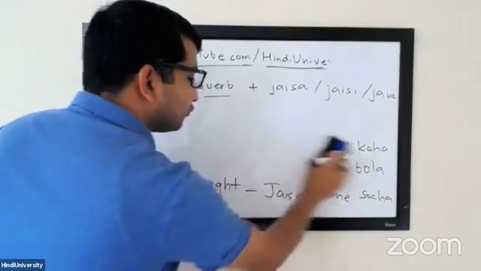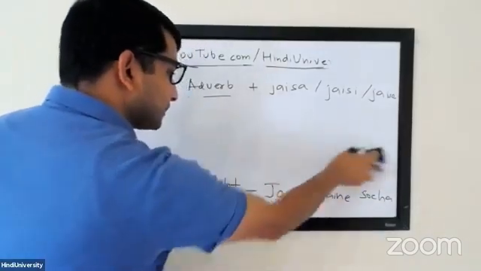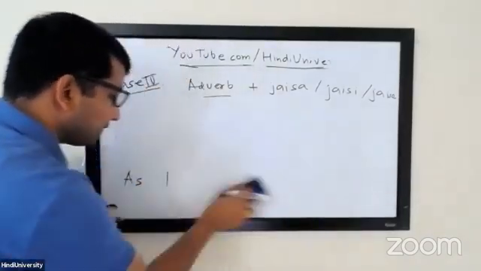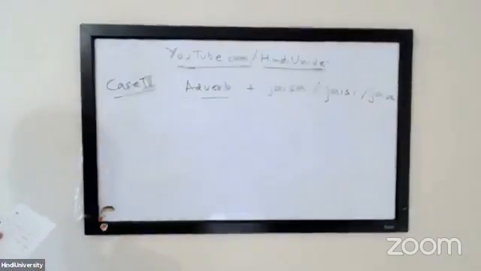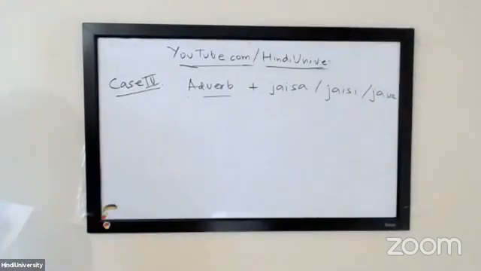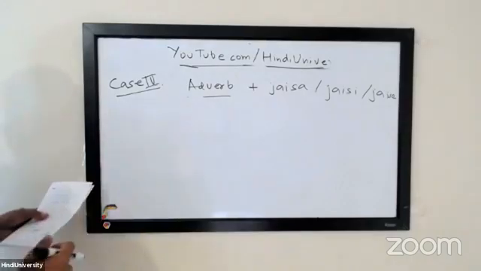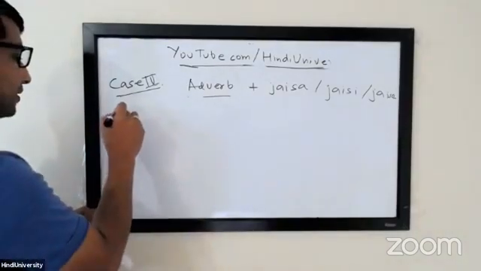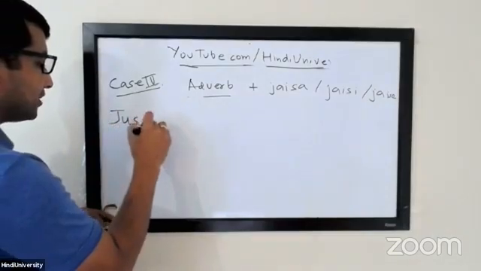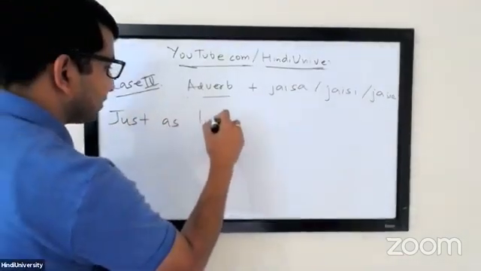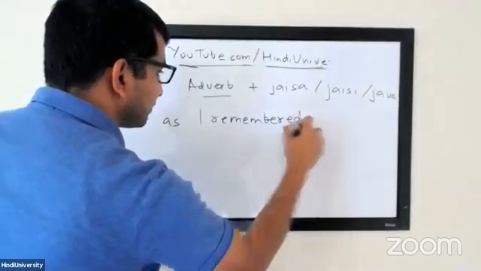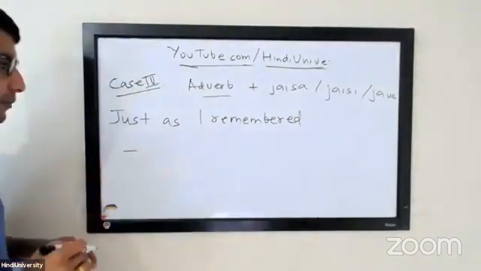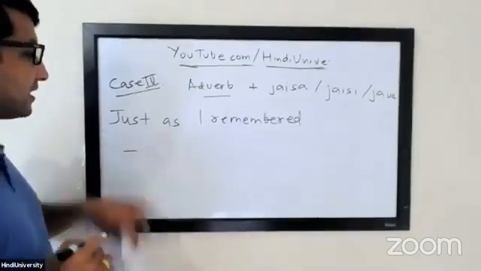Let me know if I'm going too fast, but this is just a specific use case of the adverb. So the next one I have is "just as I remembered." This is the harder one now. Bundel, you get the tough one. Just as I remembered.